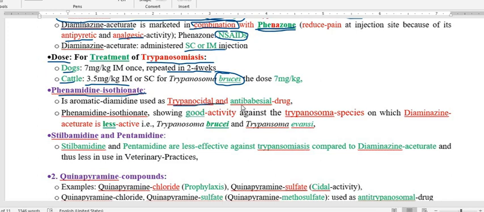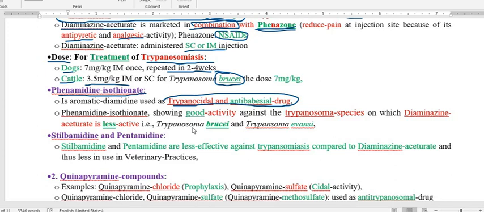Next drug is phenamidine isethionate. This phenamidine isethionate is a trypanocidal as well as anti-babesial drug.